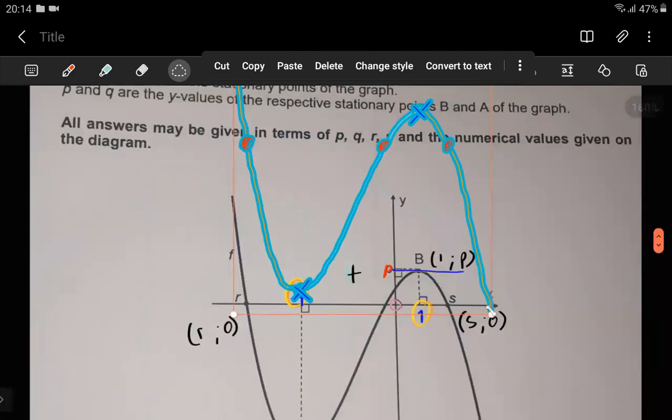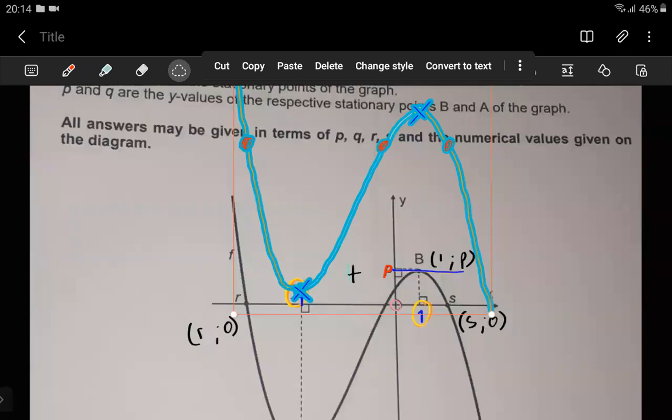Do you see it? Yes. So we know that there are two scenarios where this graph will have one x-intercept: one where it moves upwards a certain amount of units, and one where it moves downwards a certain amount of units. Because we know that, we can now answer our question properly.